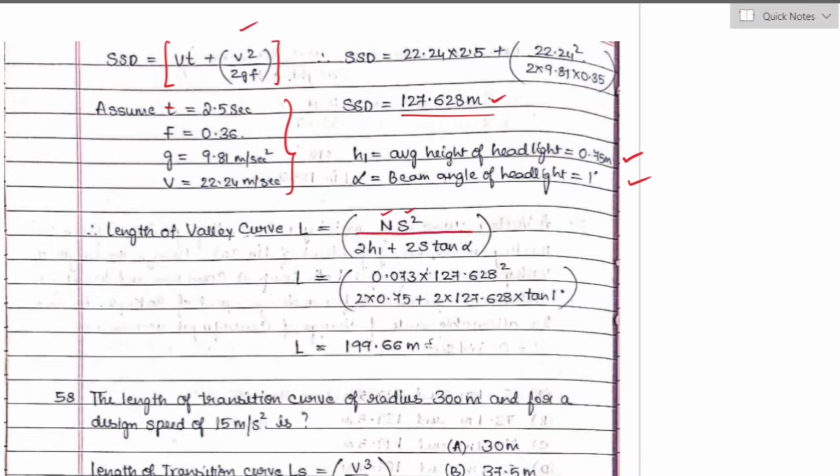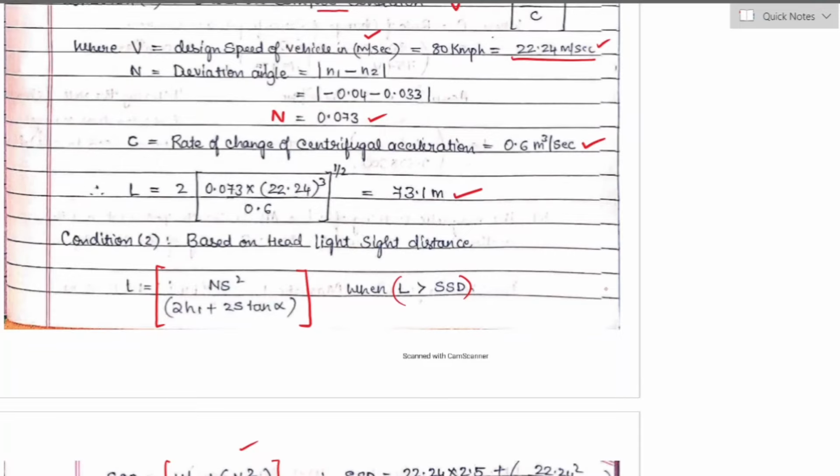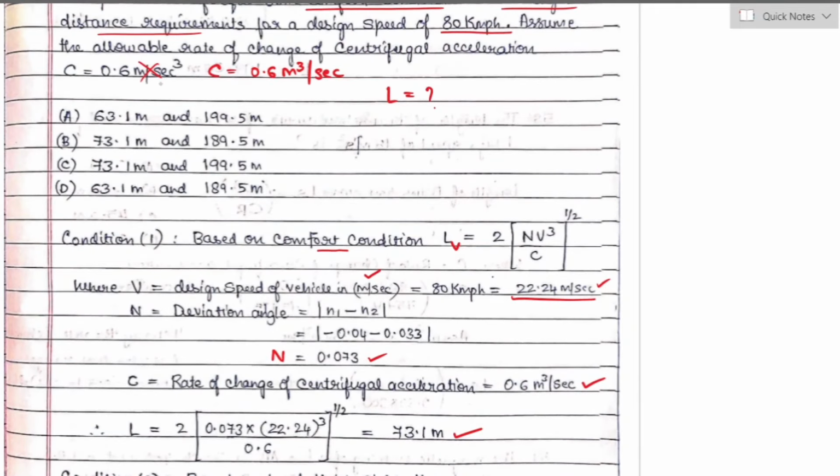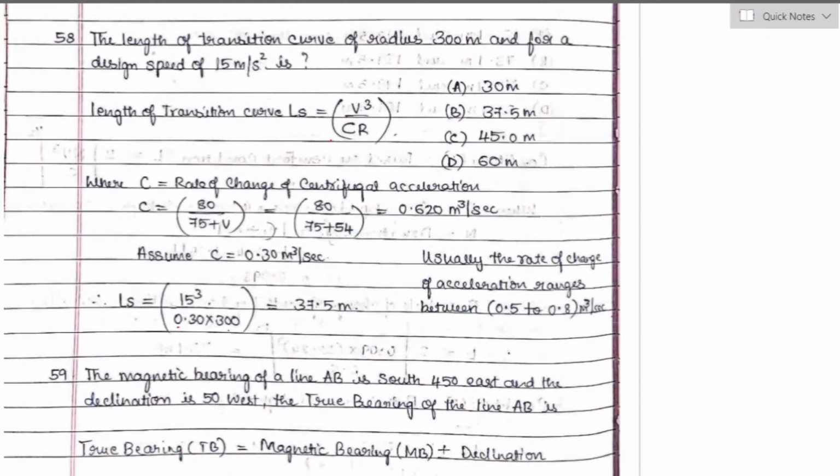Assuming these values, the length of the valley curve based on the headlight sight requirements will be 199.6 meter. So the correct answer will be, based on the comfort condition it is 73.1 meter, and based on the headlight sight distance it is 199.5 meter. So option C is the right answer.